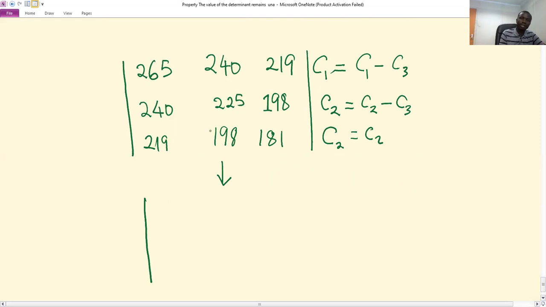That will give me 46. Now 240 minus 198, that will give me 42. 219 minus 181, that will give me 38. Then column 2 remains column 2, so I'll have 240, 225, and then 198.